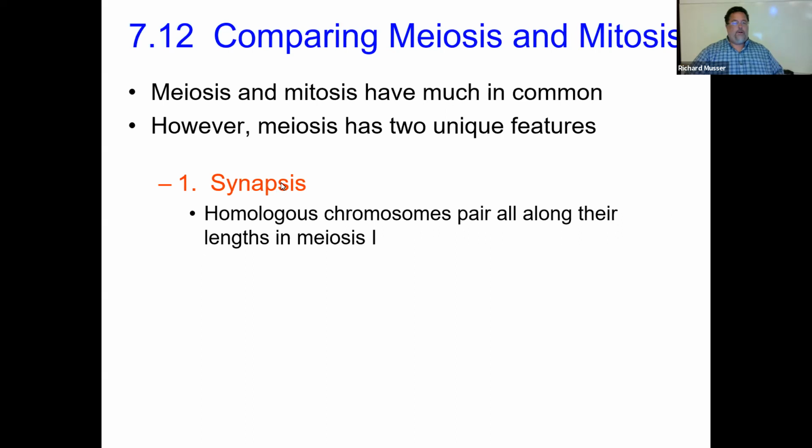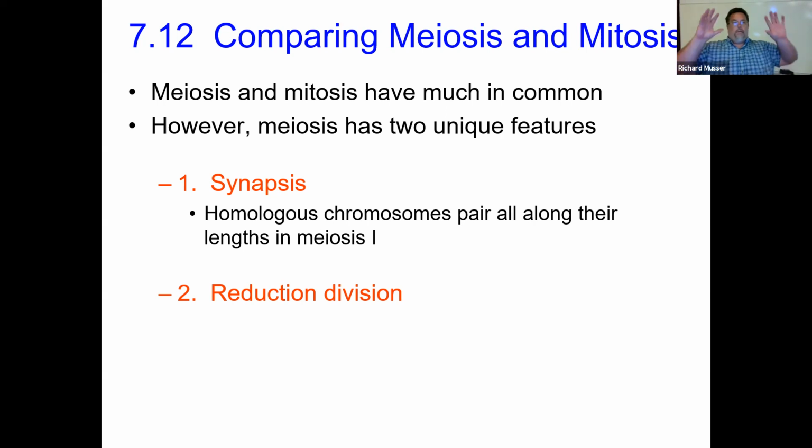For the most part, you're not going to see crossing over in mitosis. You're not going to have chromosomes lining up, so you're not going to have the synapses going on. You're also not going to see a reduction in division. You're going to double the number of chromosomes as a diploid somatic cell in your skin temporarily. You go up to 46 and then come back down to 23.